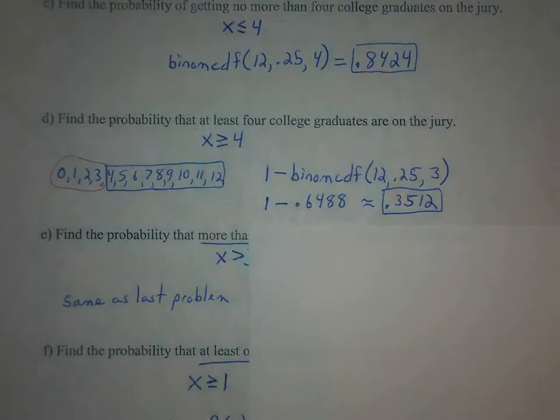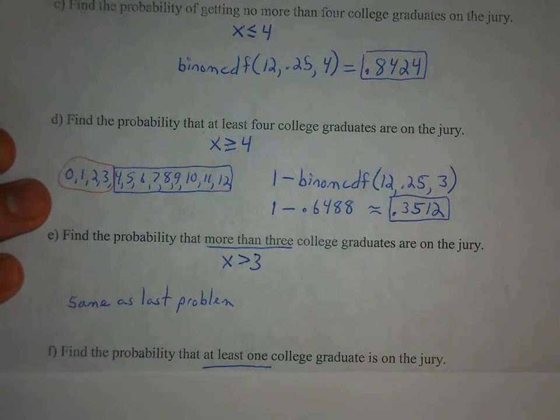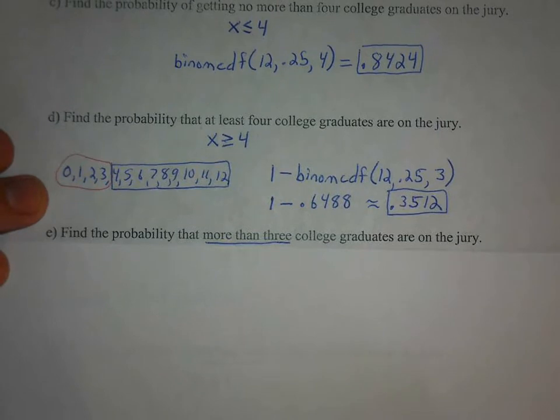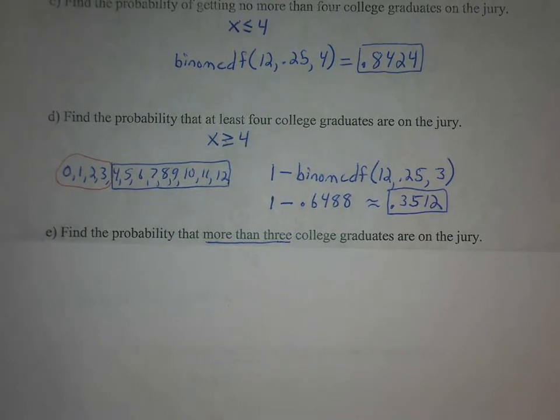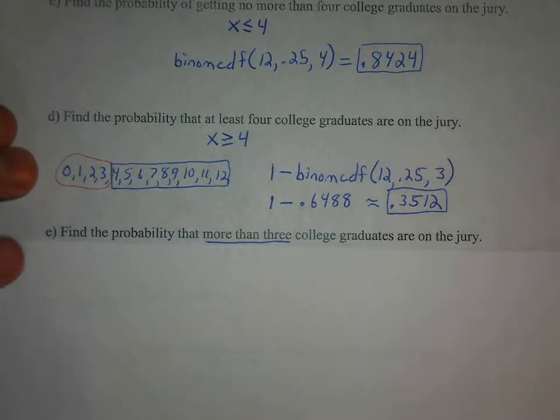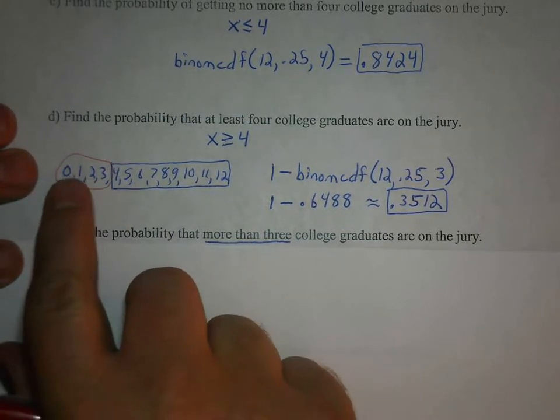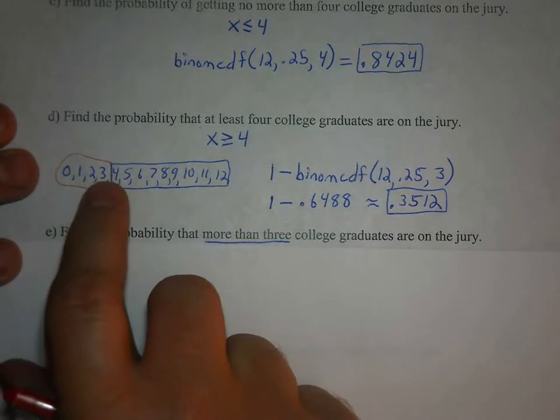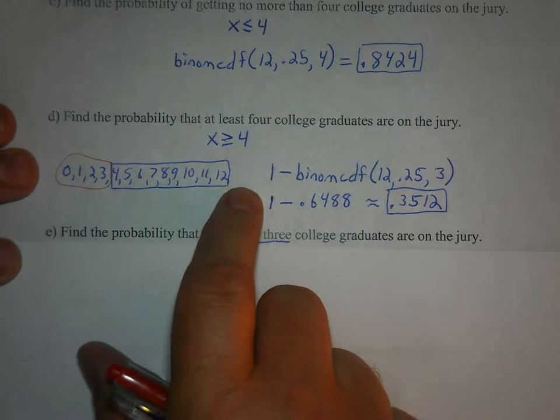Okay, and then the last one. Oops, I'm sorry, not the last one. Find the probability that more than 3 college graduates are on the jury. Well, again, think about more than 3 could be how many? If you list out 0 through 12, more than 3 could be 4, 5, 6, 7, 8, 9, 10, 11, 12.